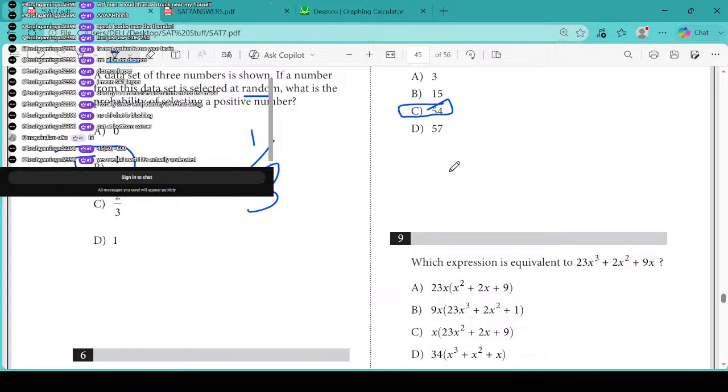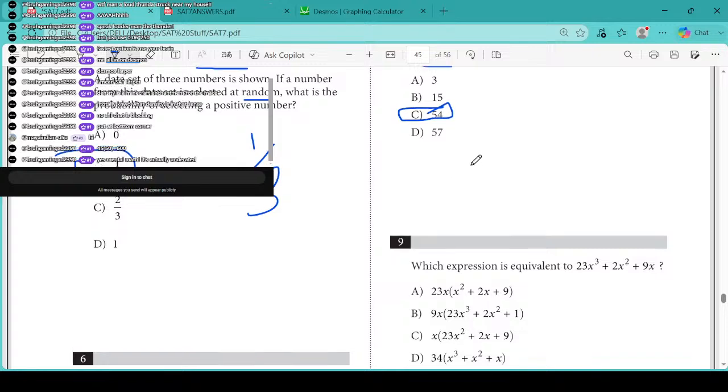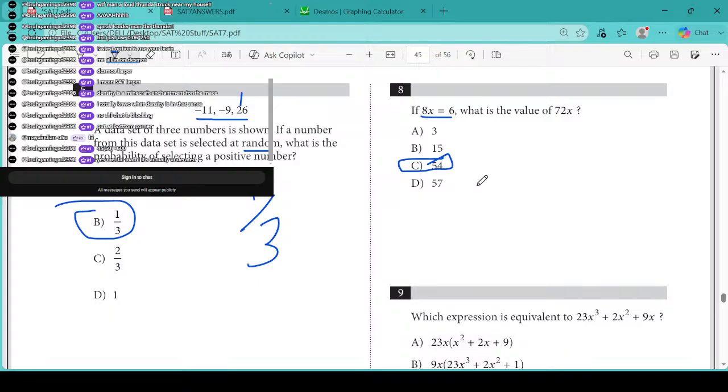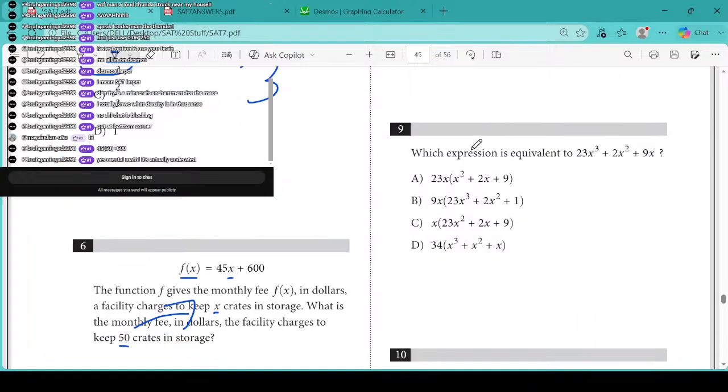But if you can do at least a little bit of mental math, try doing it for like 3 seconds to see if you can actually solve it. If you can't solve it in under 3 seconds, might as well just type it into decimals. Anyways, let's move on to question 9.